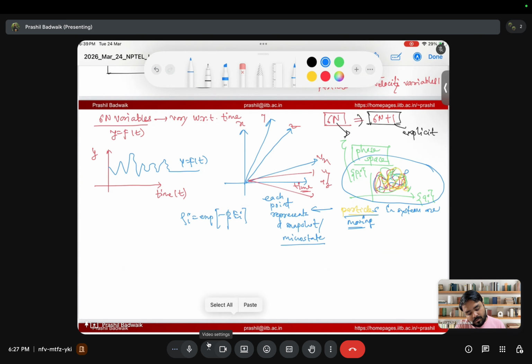So this is for an atom, and for a system which has n atoms, I'll have the product for i equals 1 to n of exponential minus beta Ei, which will tell you the probability density.